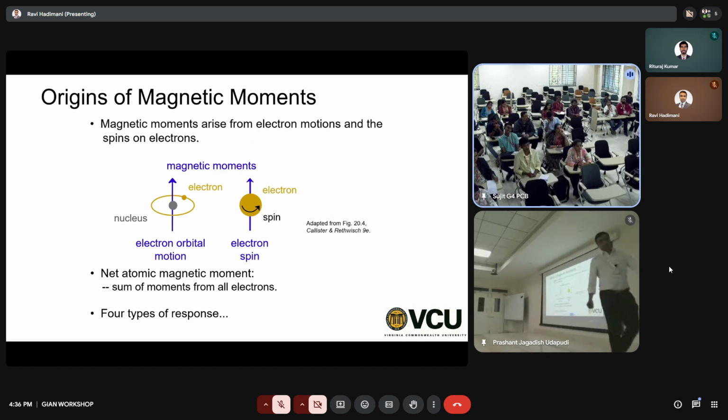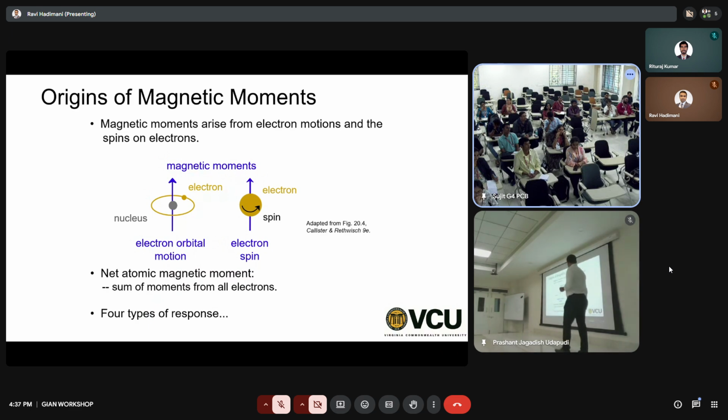Now what is the origin? Charge in motion, right? There are two motions for an electron. One is spin, and the other is orbital. Electrons not just go around, it's just like Earth, which spins on its own axis and then goes around. So electrons have a magnetic field due to spin as well as orbital motion.